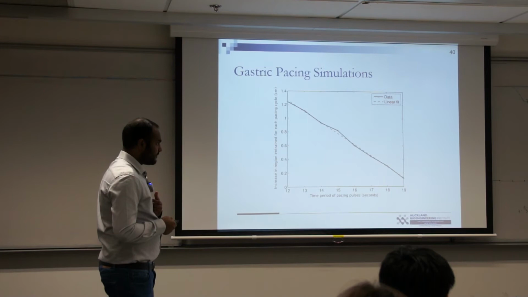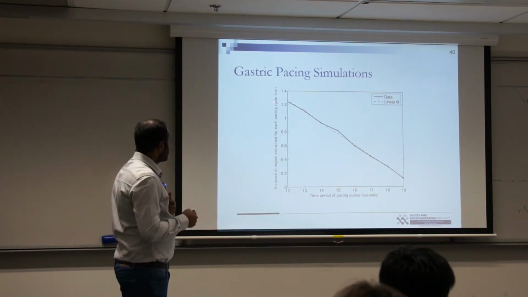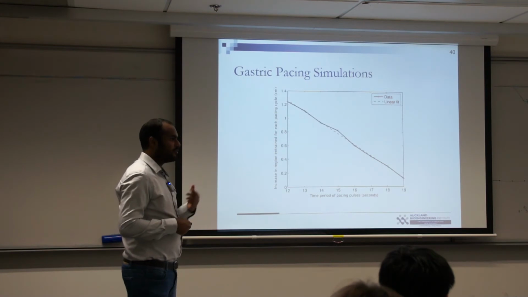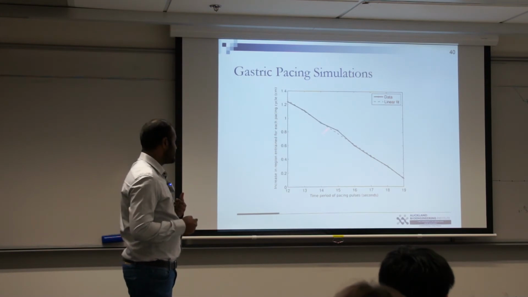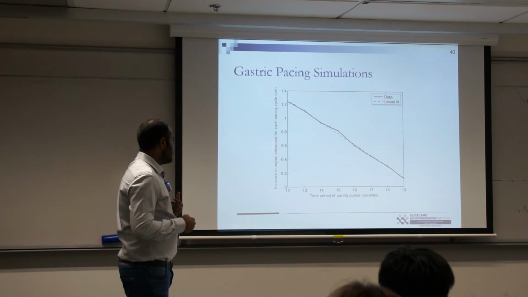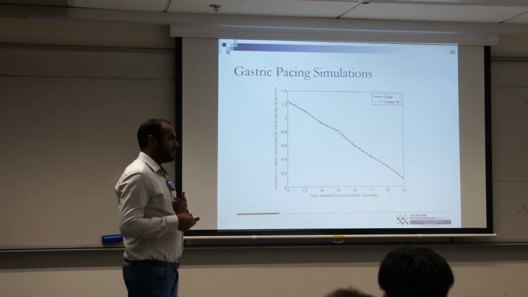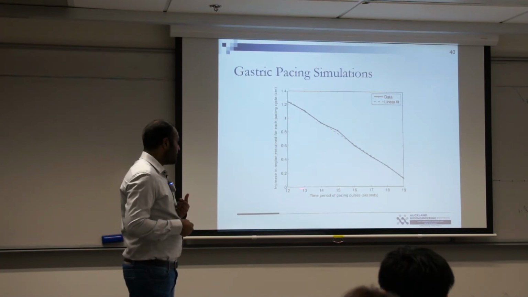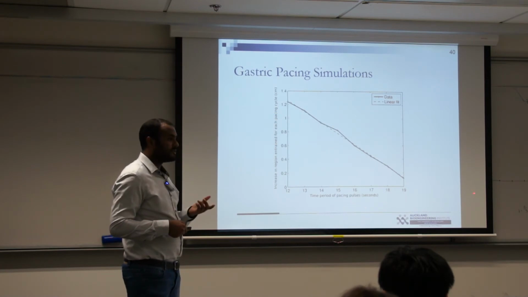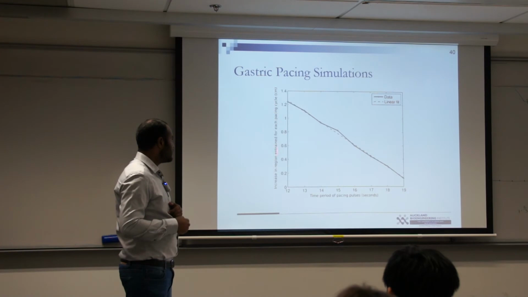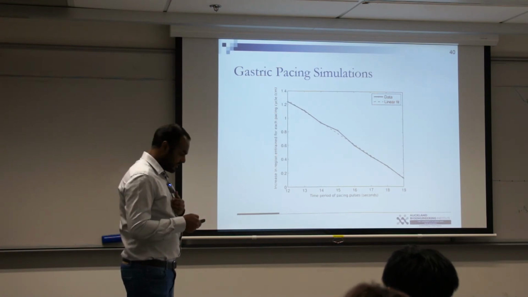This is for different pacing activity, how much you can entrain the normal slow wave activity. That's the analysis that we did, and we found that the pacing protocol is limited by the native frequency as well as the refractory period of the underlying cell activity. These two factors limit the amount of pacing that you can apply for the simulation.